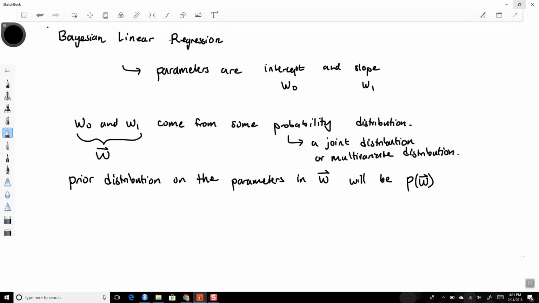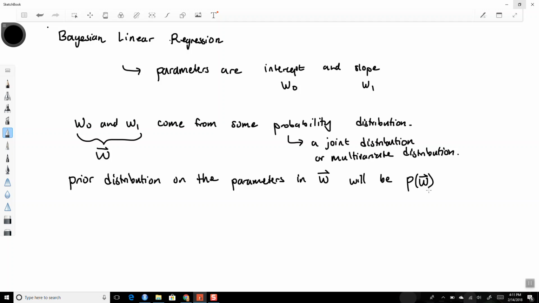And we might define this with some kind of what we call hyperparameters. So these are coming from some kind of distribution, and this distribution can be any joint distribution over W0 and W1, okay? So over the entire span of W0 and W1, this prior distribution can be anything, all right?